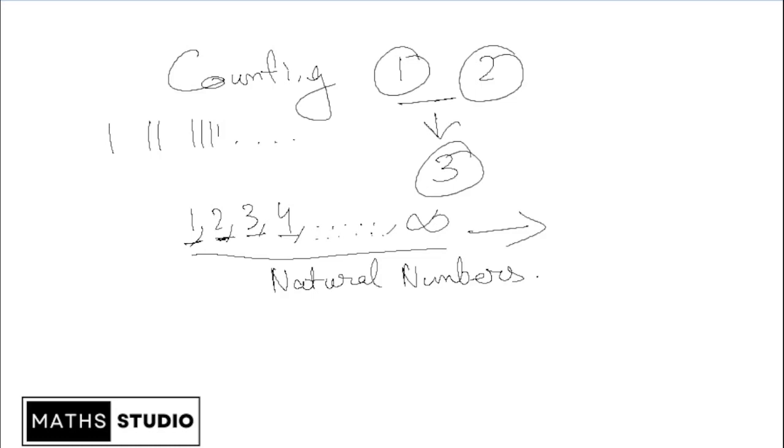So these numbers are discrete in nature, as in like there is a gap between 1 and 2, 2 and 3 there is a gap, 3 and 4 there is a gap. Okay, so this is the natural number. It is represented by the symbol N. So if I am writing capital N in terms of mathematics, that means it's a natural number. Okay, a set of natural numbers.